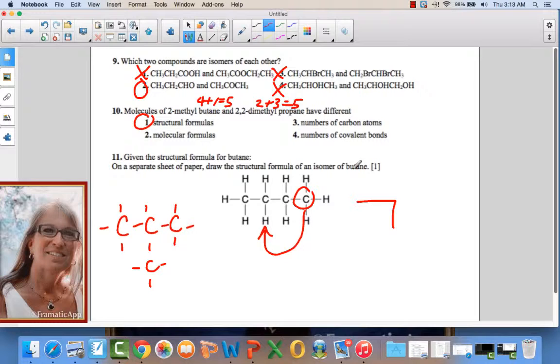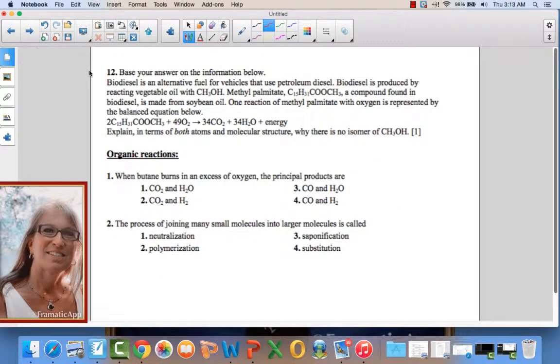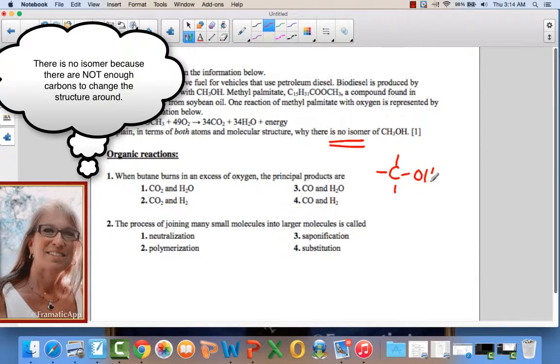Each C has to form 4 bonds. Why is there no isomer of CH3OH. There we go.